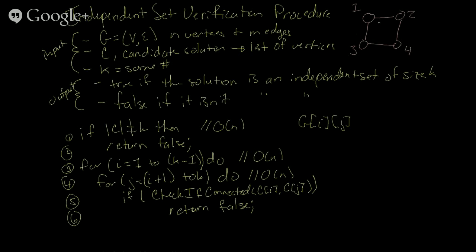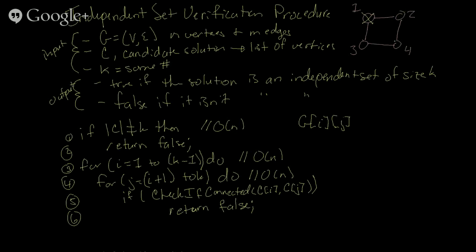And let me give you an example here of what I mean. So here's our graph G. So let's say that for our first supposed solution for the independent set problem, we were given k equals 2, and our C contained 1 and 2. What's going to happen is you're going to get down here, and it's going to say check if 1 and 2 are connected, and that's going to return true. So if this is true, which it is, we need to return false, because remember the independent set says that you want the vertices to not actually be connected.